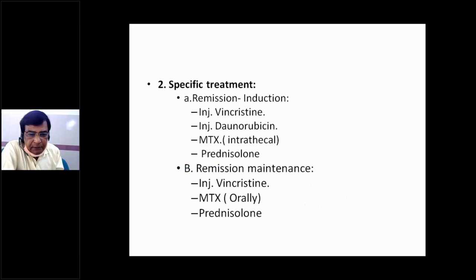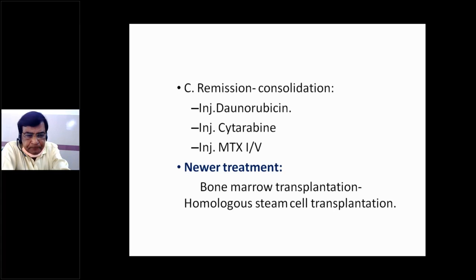And remission maintenance, and it is given by injection vincristine and oral MTX and prednisolone. And newer treatment is homologous stem cell transplantation, bone marrow transplantation. It is the newer treatment that is very much effective.